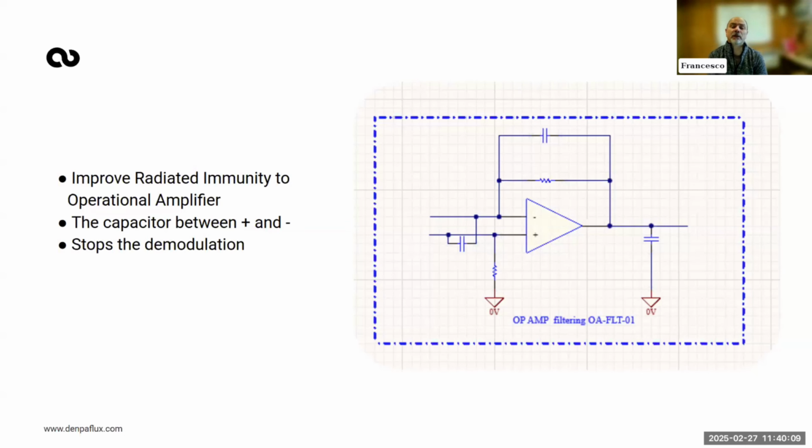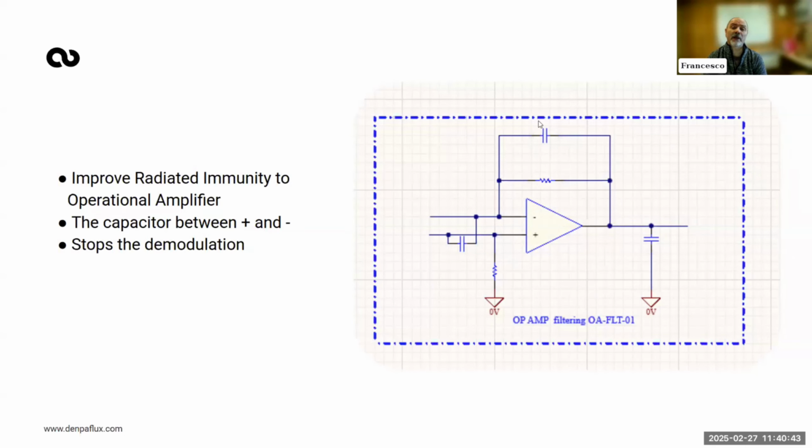Now, this capacitance, if it's too high, is going to make your operational amplifier very unstable. So this capacitance needs to be as small as possible. Typical values go from a few picofarad to 1 nanofarad, no more than that. In pretty much all my designs, I've got a capacitor which I don't fit, but it's there in case I've got this particular failure during the EMC testing.